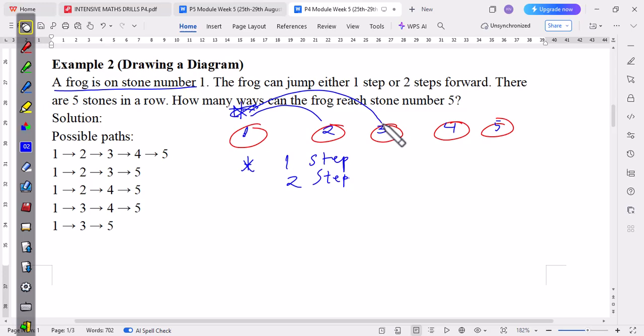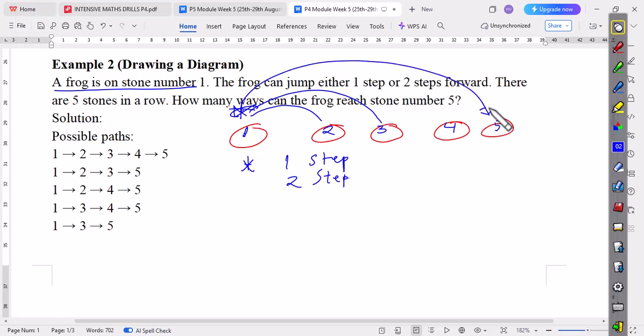So the question is how many ways this frog can reach stone number five. Let's try to find the possible paths. Number one goes to two, three, four, and five with one step only. So we have one, two, three, four, five. Now we combine with two steps, since the frog can move two steps directly forward.